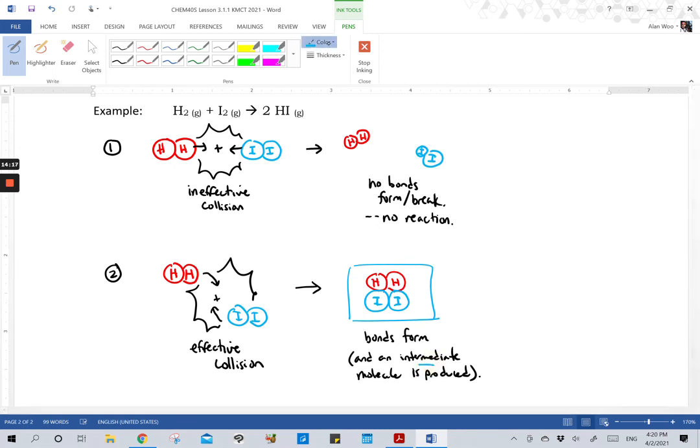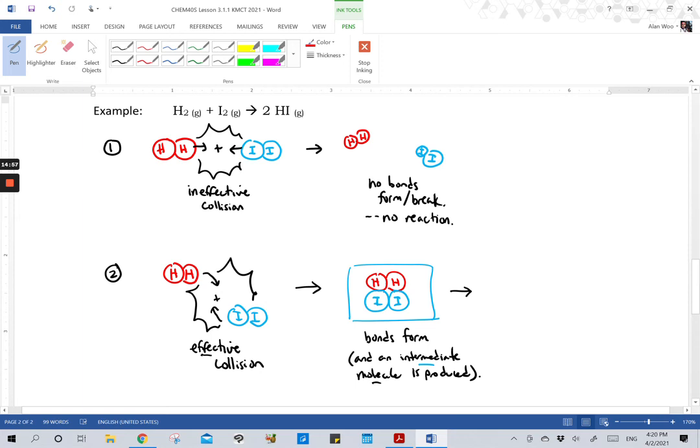Like I said earlier, most things in chemistry don't go from start to finish right away. There is an in-between step, and this is the in-between step here. Once you have molecules colliding at proper angles and speed to form an effective collision, typically an intermediate molecule is formed. These intermediate molecules might collide with other intermediate molecules in such a way that their bonds eventually break. I'm not going to show that step here, but I'll show you what the final product might look like.